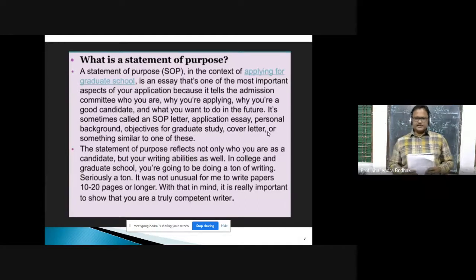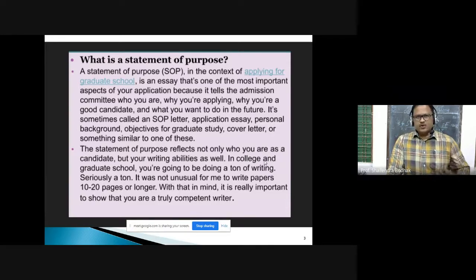Now the second point is that the statement of purpose reflects not only who you are as a candidate but your writing abilities as well. In college and graduate school, you are going to be doing a ton of writing. A lot of writing you'll have to do, because in your SOP they check your writing skills also. So it needs a lot of practice.